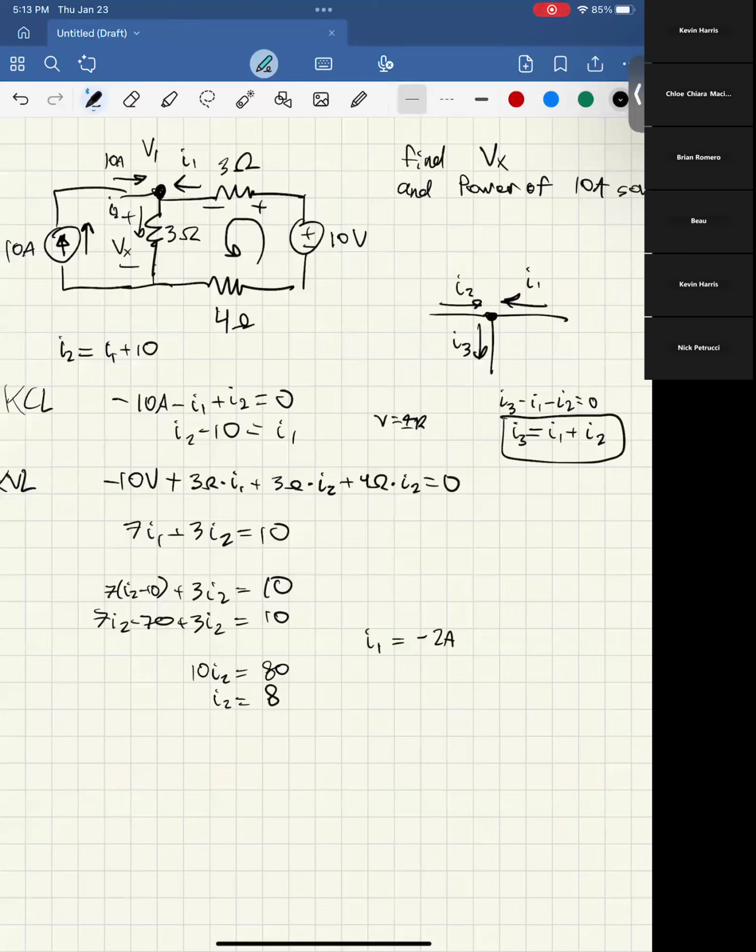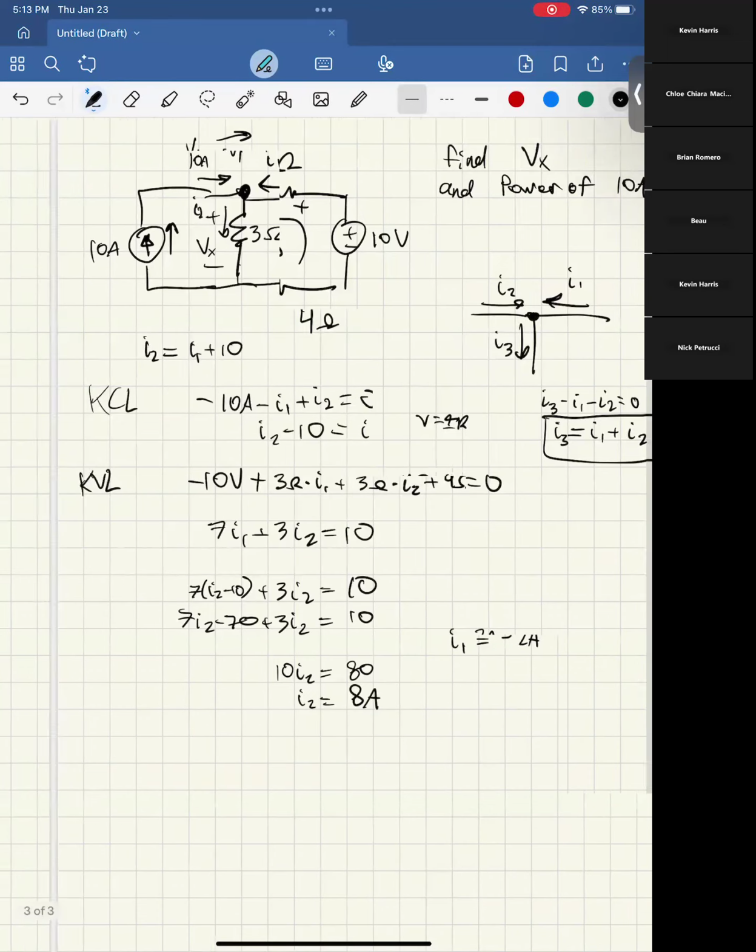What that means is that I1 is actually going in the other direction. So that goes back to that question someone asked earlier: how do you know that the 4 ohm resistor will have a current of I2 rather than some combination? Okay, with that, I'll finish the question, then I'll get to that.